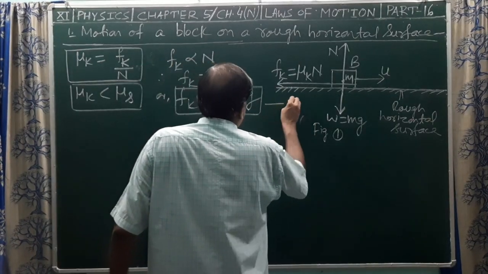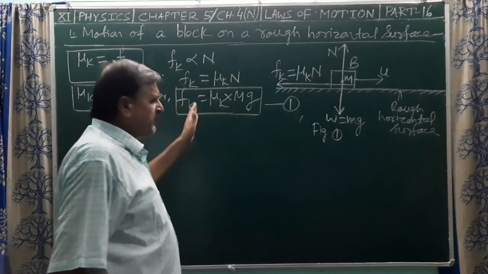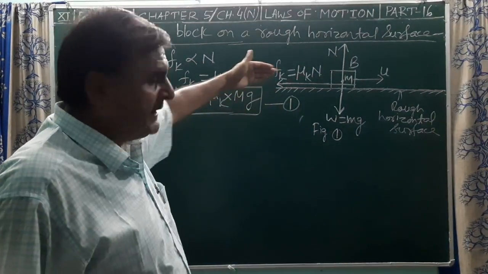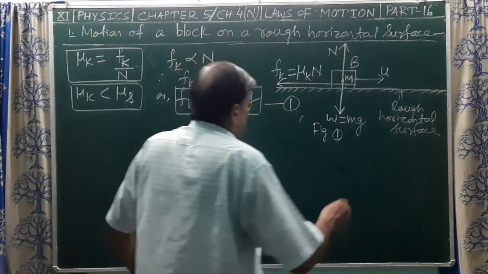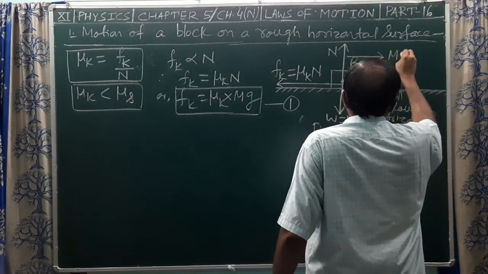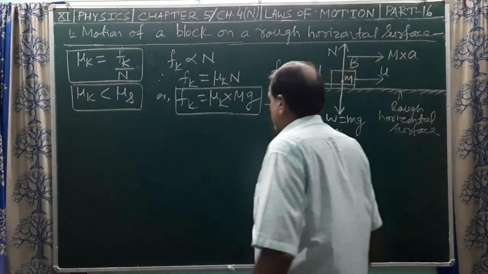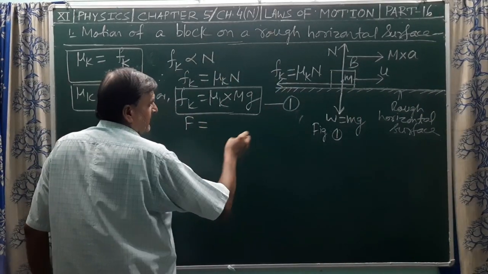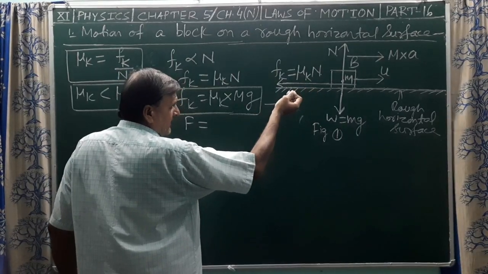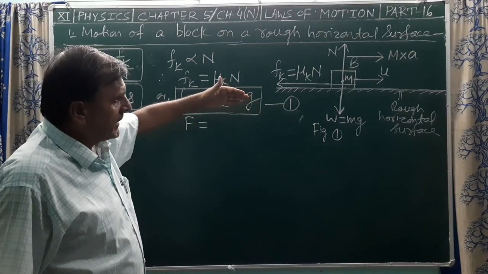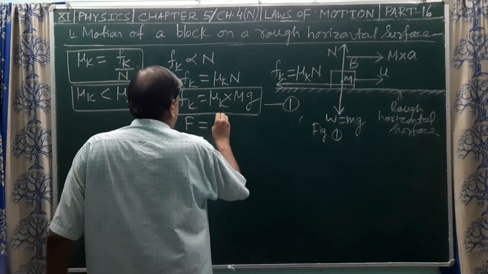And this kinetic friction force is counterbalanced by the force needed to move the body towards the right, and that force needed to move the block in the right direction is mass into acceleration, m into a. So the force needed to move the body on the rough horizontal surface is F equal to m into a.